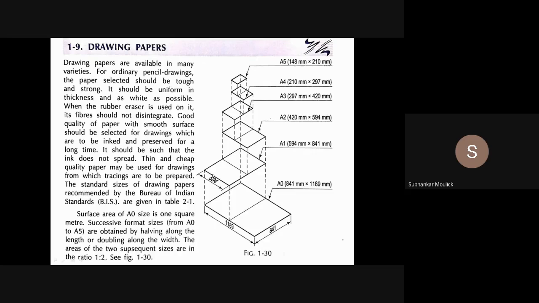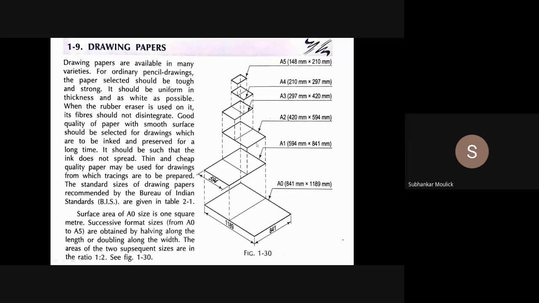So if I want to convert A1 into A2, I was initially halving the length. So in A1 size paper, length is 841 mm and width is 594 mm. Let us halve the length. 841 by 2 is how much?